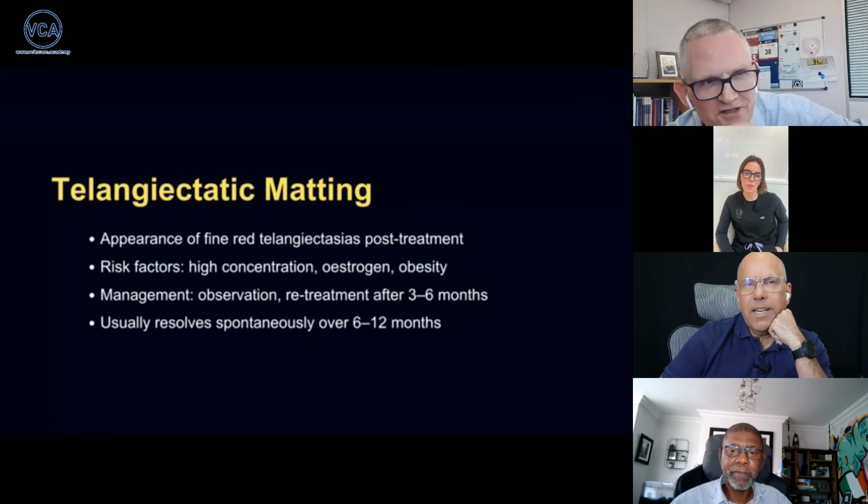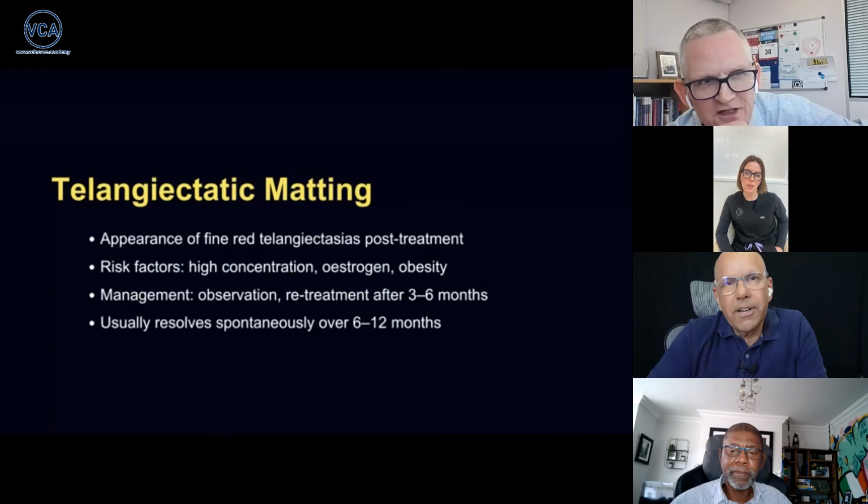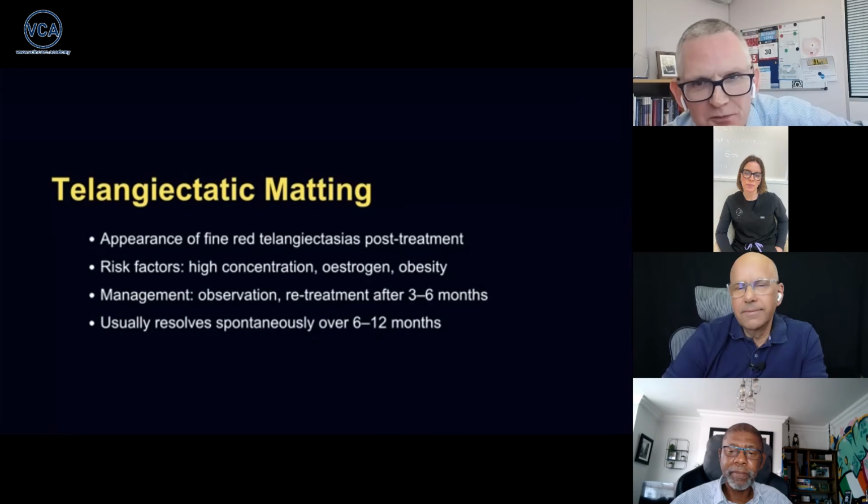There was a study done by Kourosh Parsi's group in Australia, and they looked at risk factors for telangiectatic matting, and identified that people who had bleeding tendencies, not formal coagulopathies of any kind, but people who suffered regular nosebleeds or bruised easily.